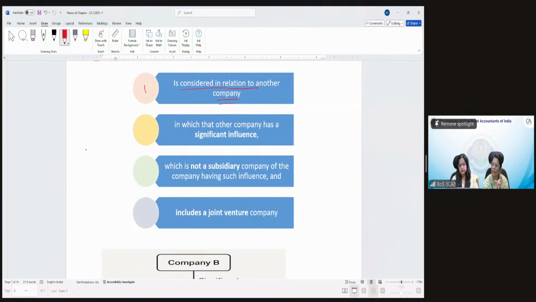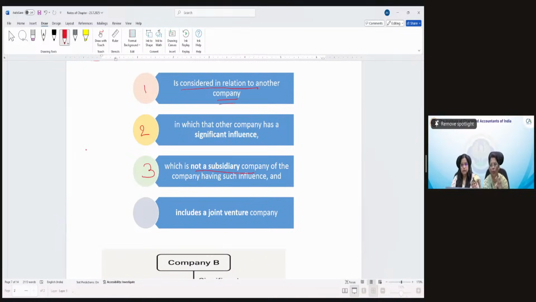The second aspect is that the other company has a significant influence. In relation to which company we are talking about, that other company shall be holding a significant influence in this first company. Then it says that company shall not be a subsidiary company.